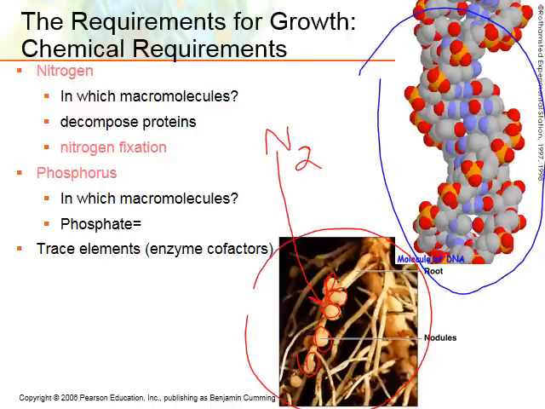But these groups of organisms that can interact with the rhizobium, like I said, we'll talk about them in chapter 11, they're called the legumes. They can form this relationship with rhizobium. What happens is the rhizobium are in the soil. These legumes produce their roots and they make these little root nodules where the rhizobium are, because they know that the rhizobium are going to give them nitrogen, and in exchange, the plants are going to give the rhizobium a place to stay.